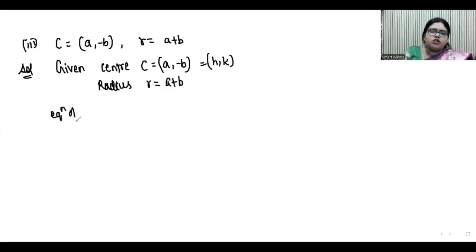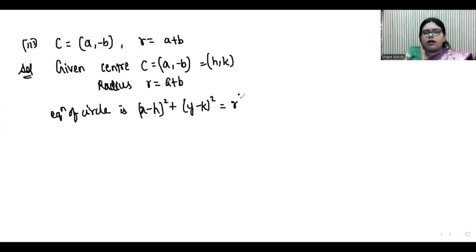Now equation of circle is x minus h whole square plus y minus k whole square is equal to r square. So x minus a whole square plus y plus b whole square is equal to a plus b whole square.